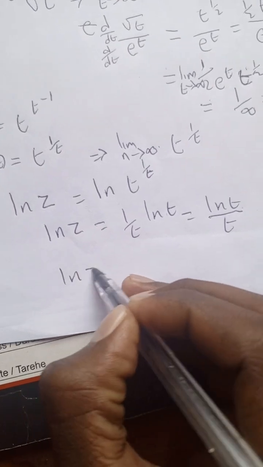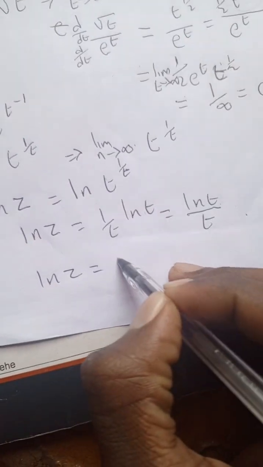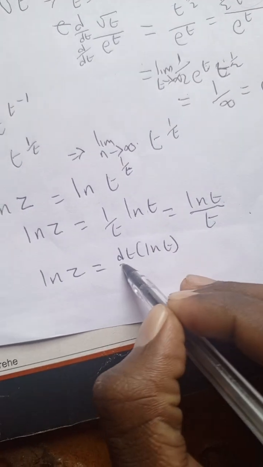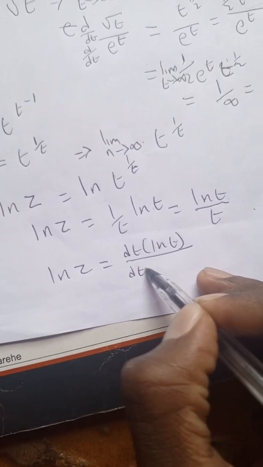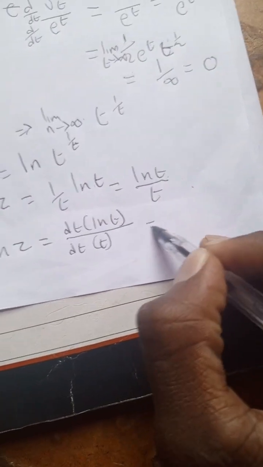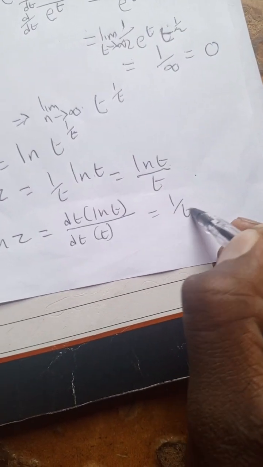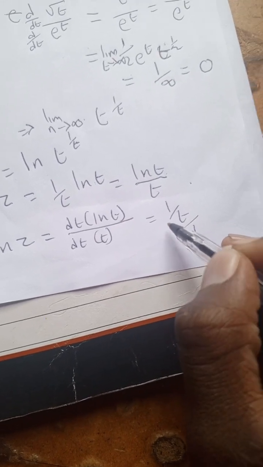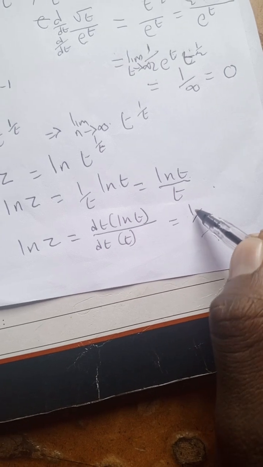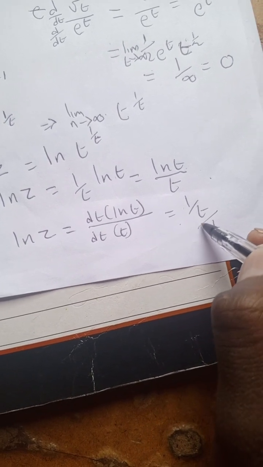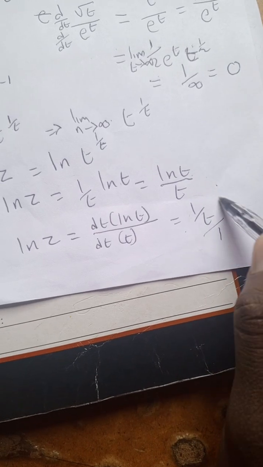So ln of z is equal to the limit of d/dt of ln t over d/dt of t. When you differentiate the top part, we are going to get 1 over t. When you differentiate the bottom part, we are just going to get 1. As t approaches infinity, we are going to get this expression to be 0, isn't it?